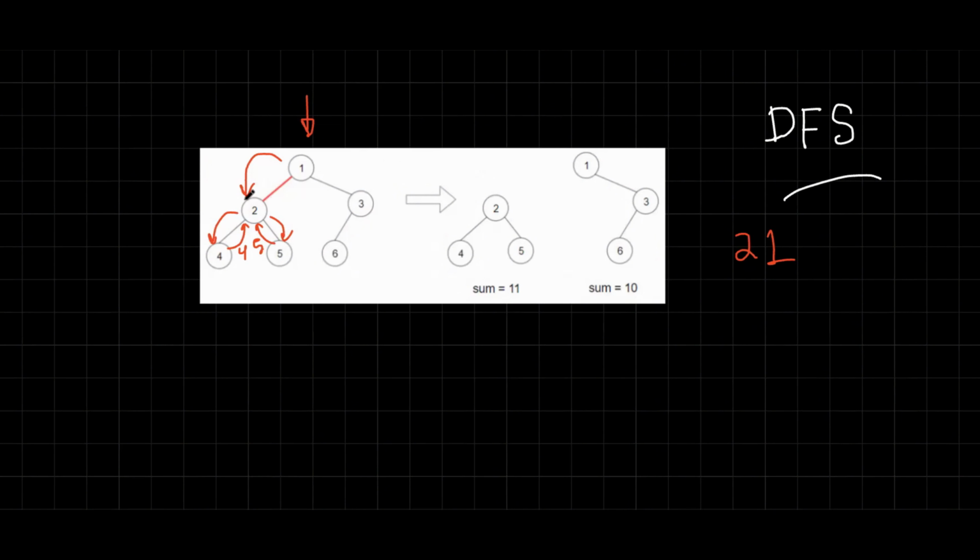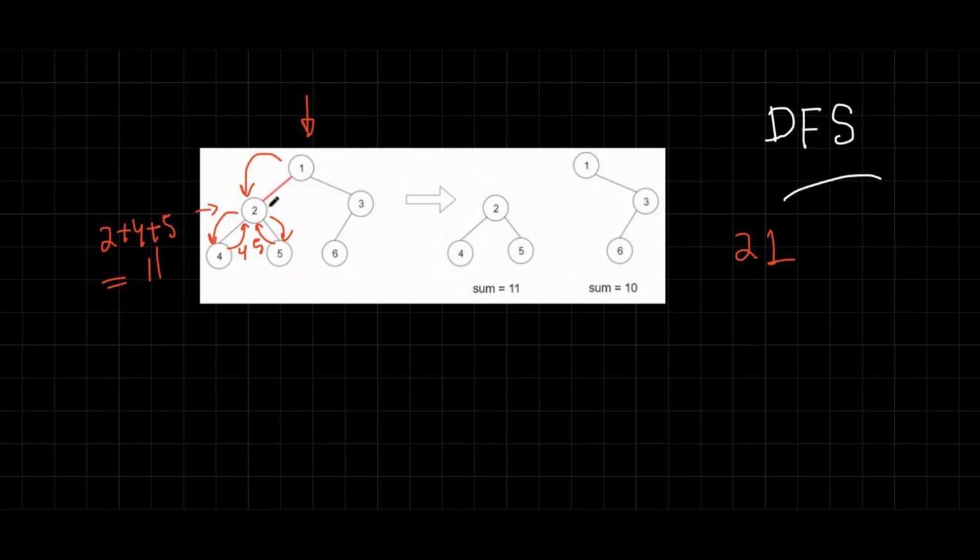Now, for this node 2, the summation will be 2 plus 4 plus 5, which is 11. This 11 is basically the sum of the subtree rooted at node 2.